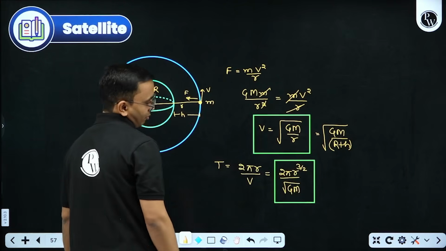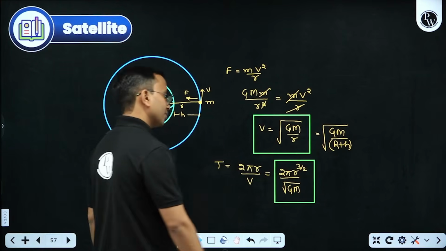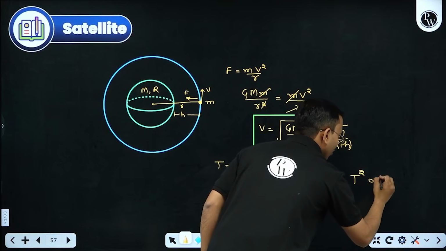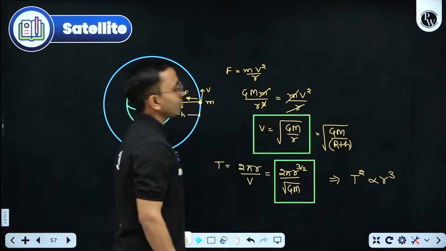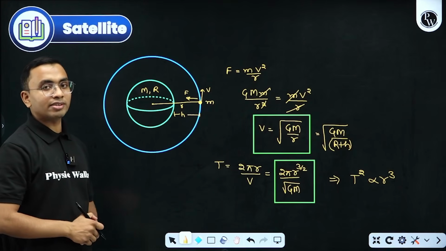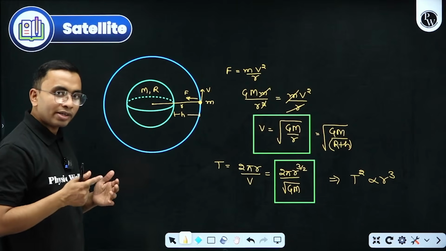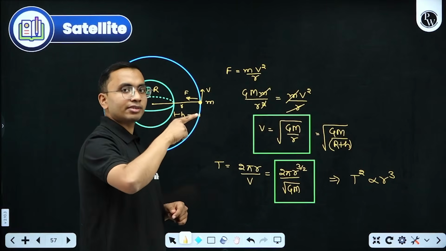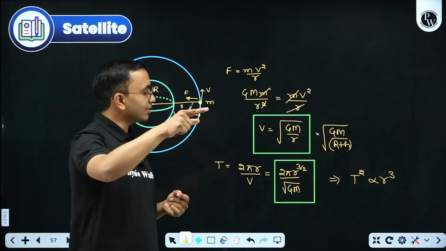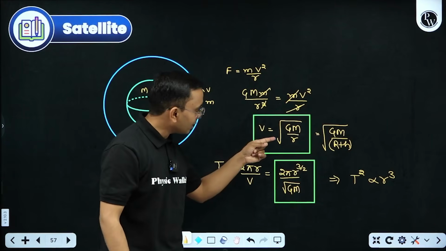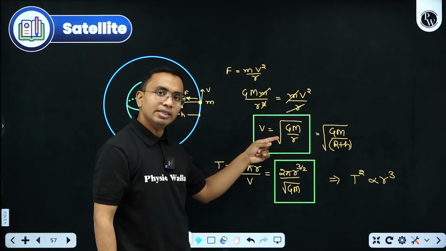And one of the most important things to understand from here is T square is coming out to be proportional to r cube. When we discuss Kepler's law, we'll come back to this. So time period square is proportional to cube of the radius. As radius increases, the time period will increase. As radius increases, the speed will decrease.